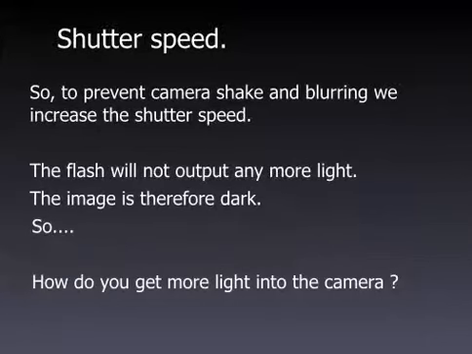So how can we alter that? Well, one way is to alter the size of the hole, the aperture. Have it bigger, a big hole. Now this is a little bit confusing because a big hole has a small number. So F is the aperture stop number. F2.8 is a much bigger hole than F22. Confusing, yes, but once you get your head around it, it's fine.